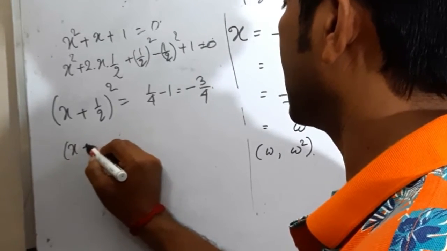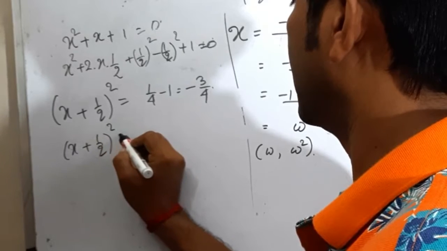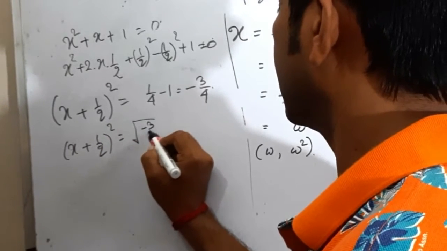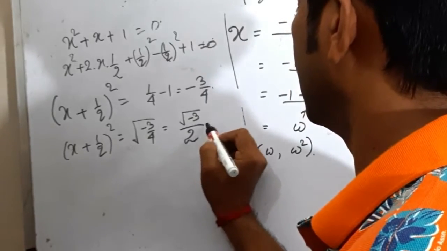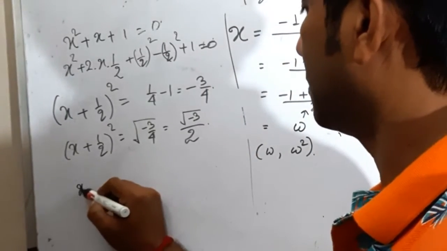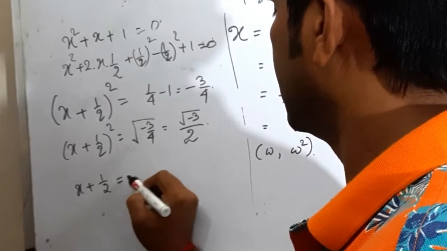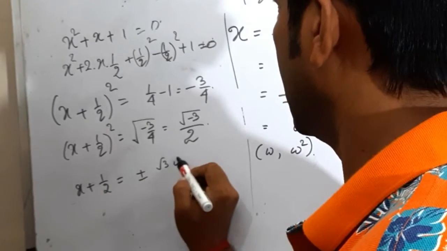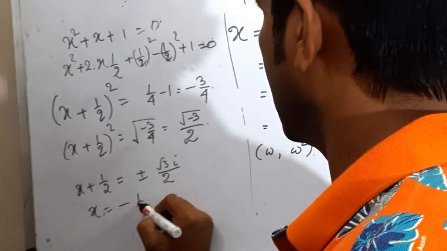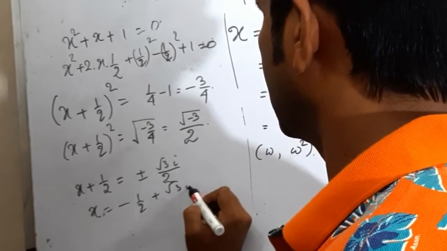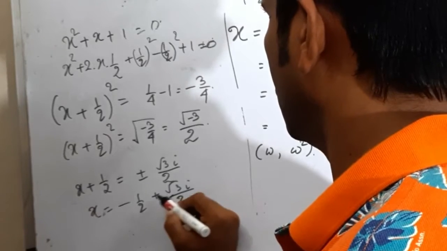Therefore, x plus half whole square is equal to minus 3 by 4, that means root over minus 3 by 2. Therefore, x plus half is equal to plus minus root 3i by 2. That means x is equal to minus half plus minus root 3i by 2.